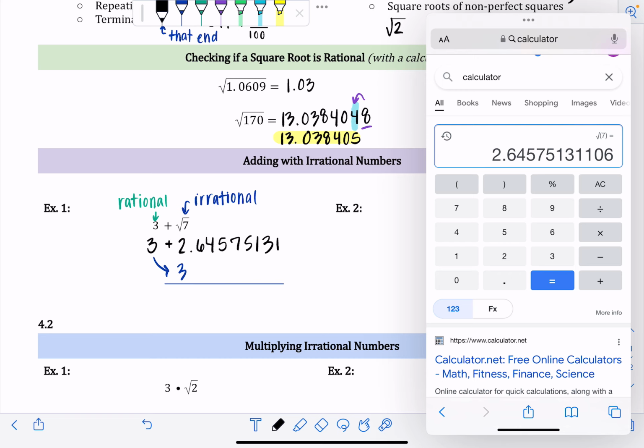So we're just adding, making sure they stay in the same place. So it's 3 plus 2, 5, plus 6, 4, 5, 7, 5, 1, 3. And if there were more place values, you would definitely want to start from the left side in case you needed to carry anything.